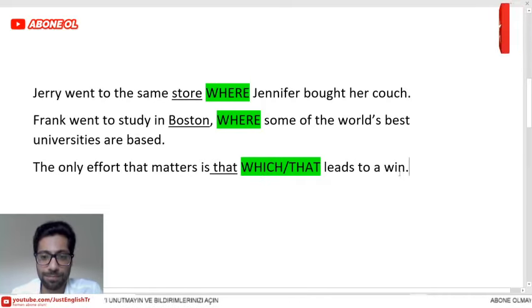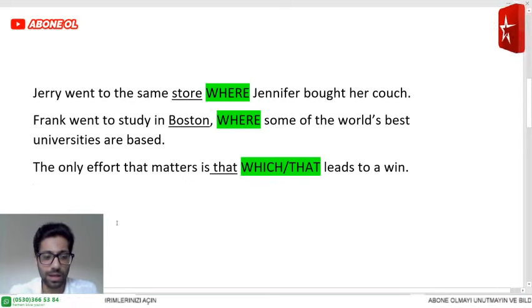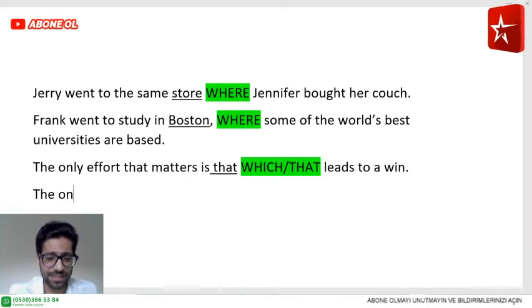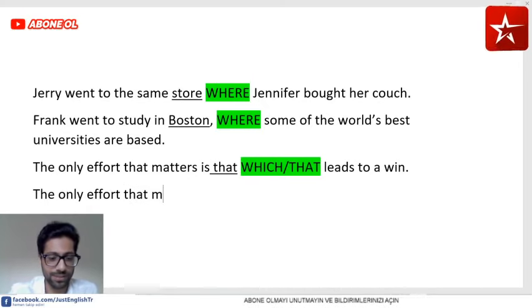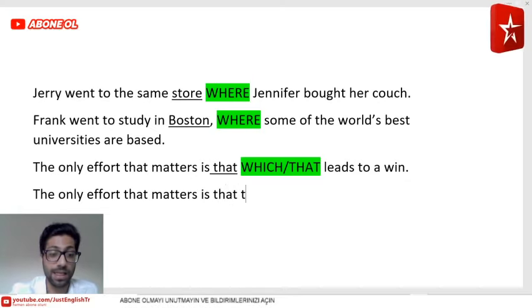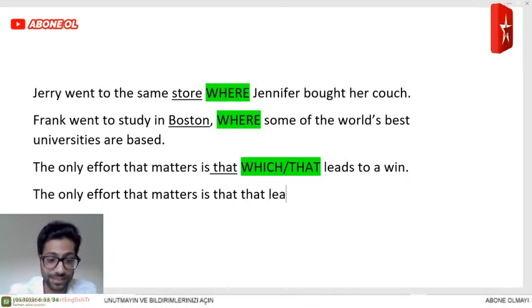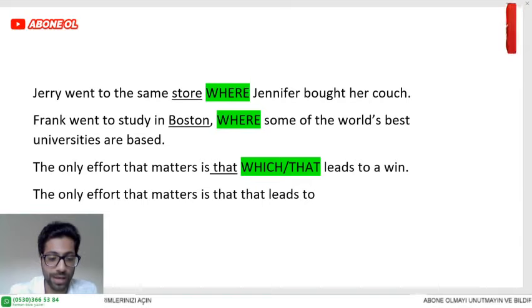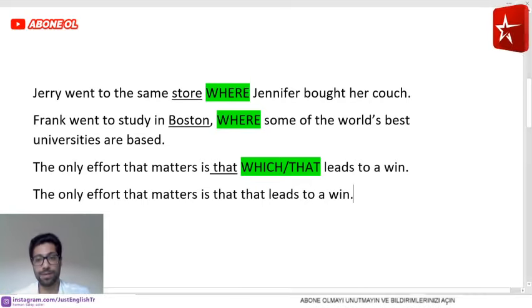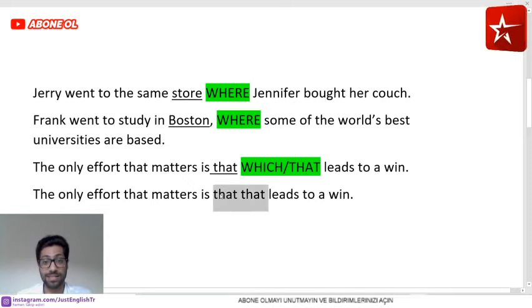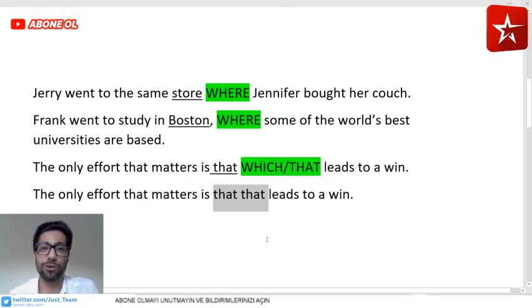Now, if you say to me, can I write like this? Let's say, the only effort that matters is that leads to a win. If you say to me, can I use that, it's no problem. It's no problem whatsoever.